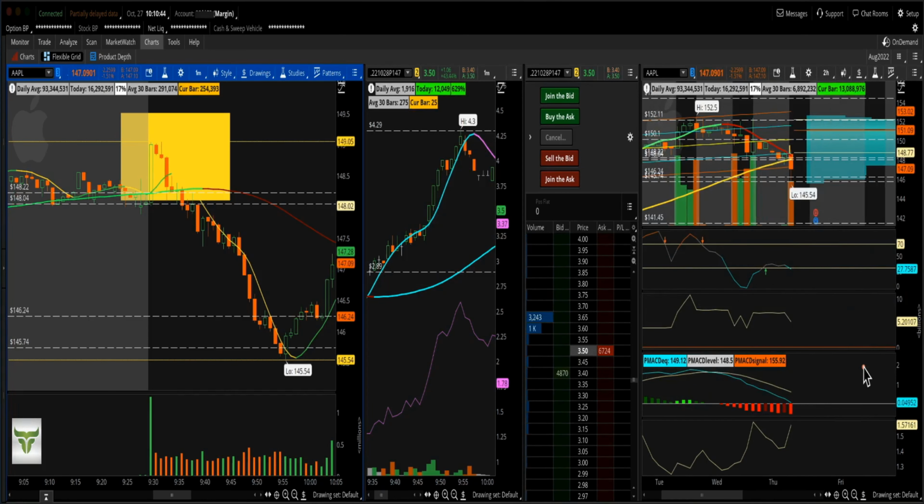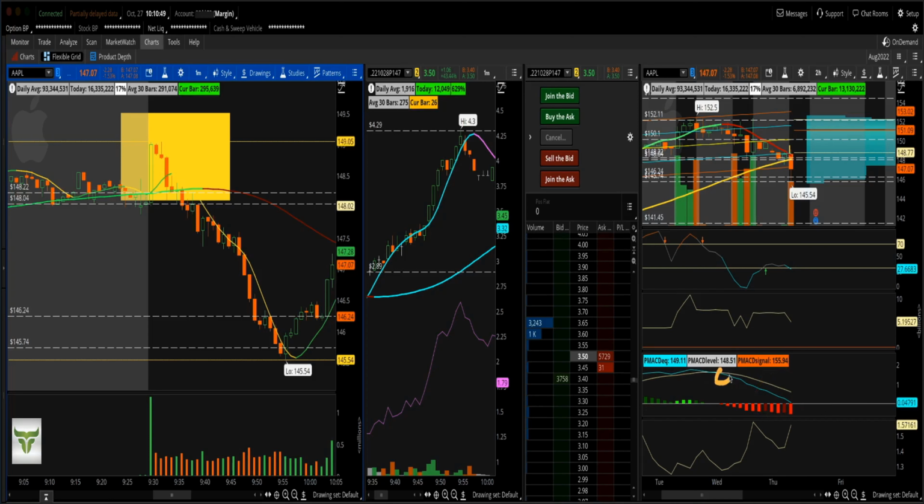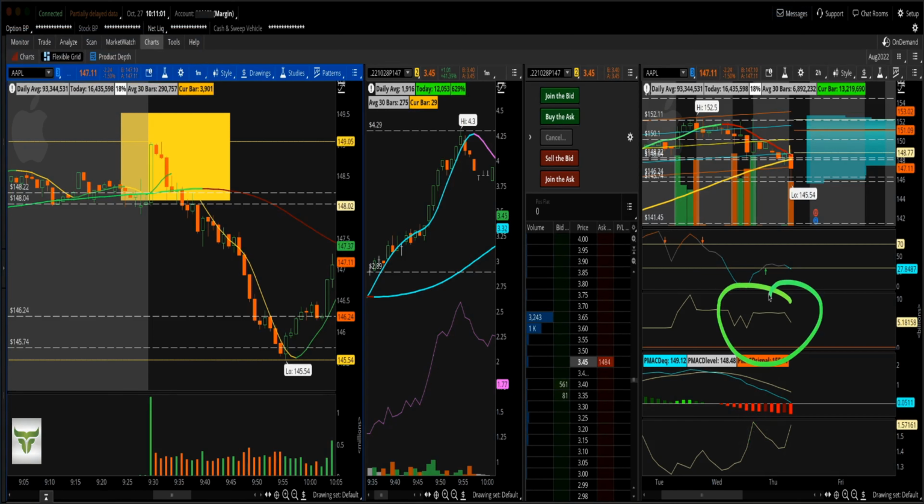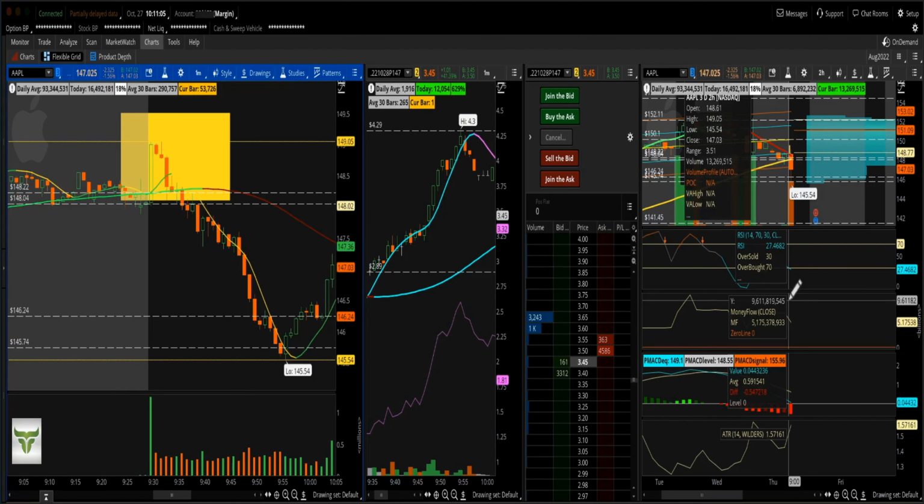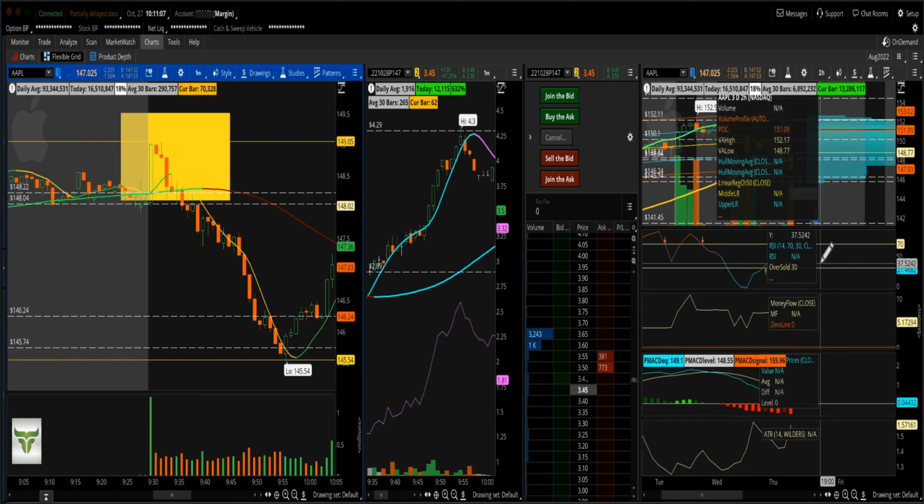You can see on this side right here, here's the bearish divergence. You see the histogram building, momentum to the downside. You see that right there, money flow, RSI.